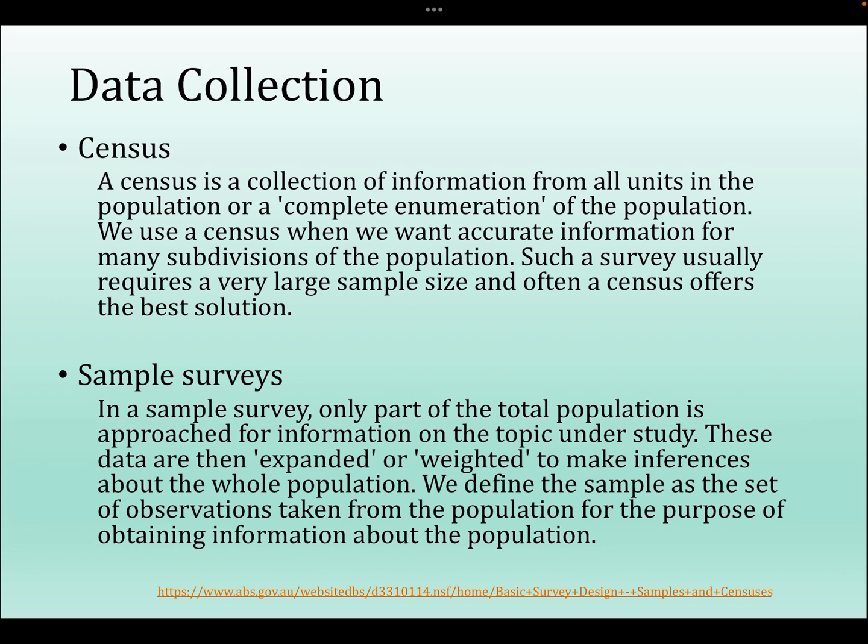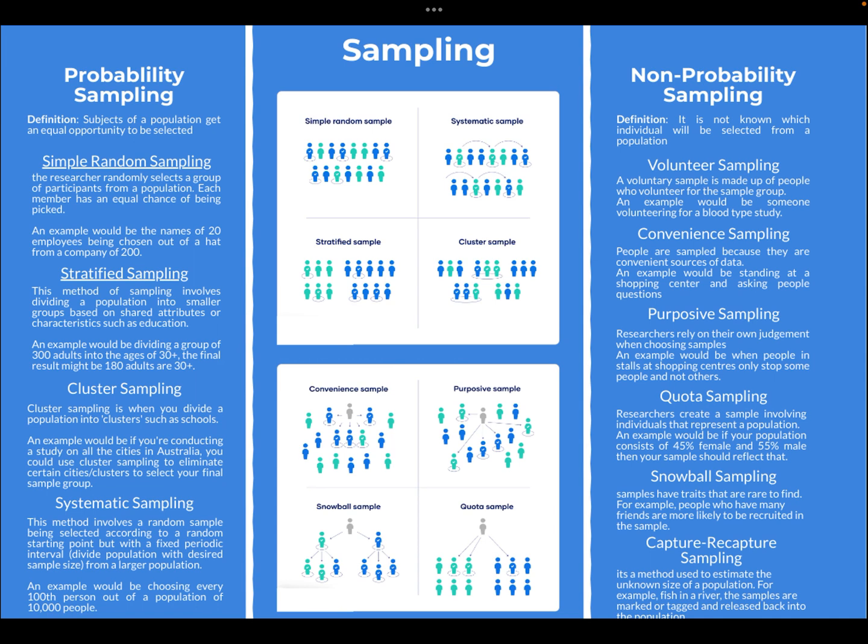If they do ask all the students, that is actually a census. It's not a sample survey. Whereas the school might choose to pick some from year 9, some from year 8, some from year 7, some from year 10, some from year 11, some from year 12, and that is a sample survey. All right, so you have to think about whether you're using the whole population or part of the population.